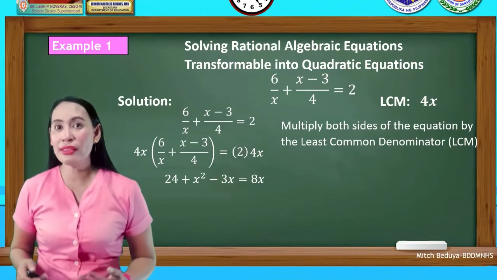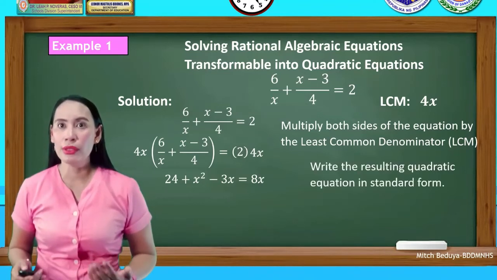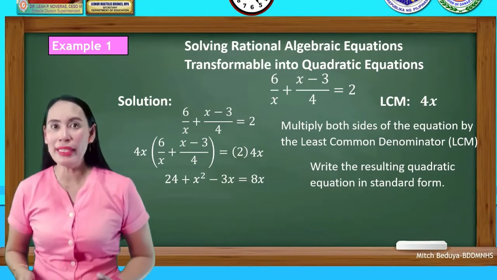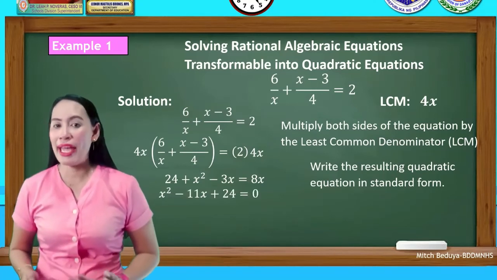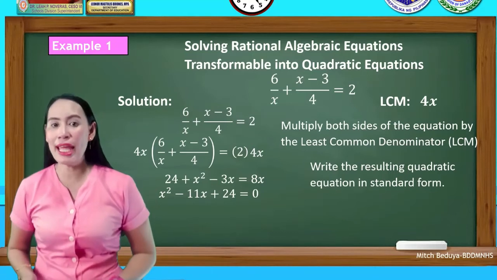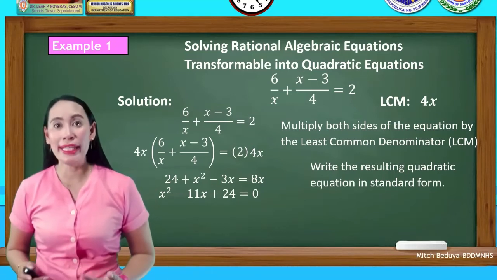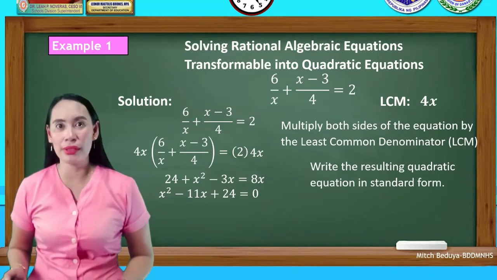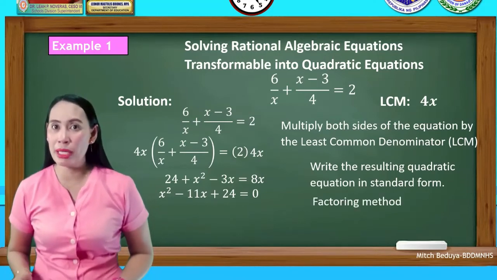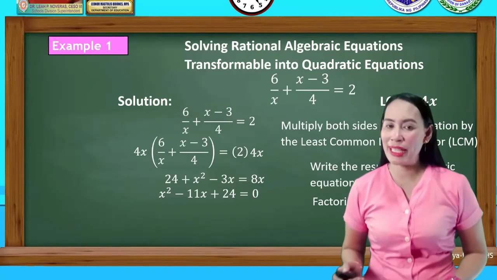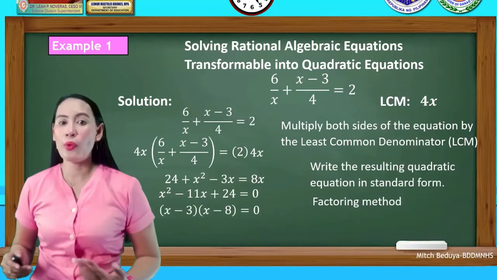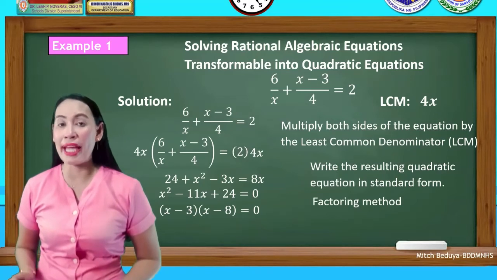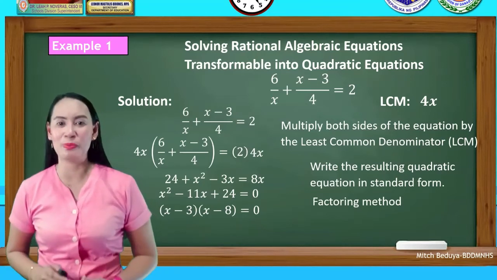Next, we write the resulting equation in standard form. So the standard form is x squared minus 11x plus 24 equals 0. In solving the quadratic equation, we use the factoring method. So this becomes the quantity x minus 3 times the quantity x minus 8 equals 0.